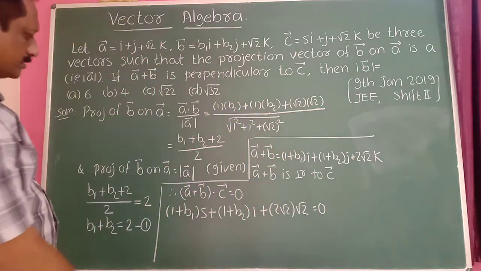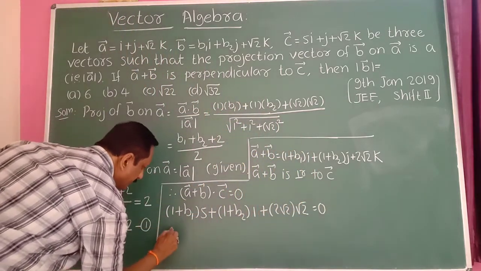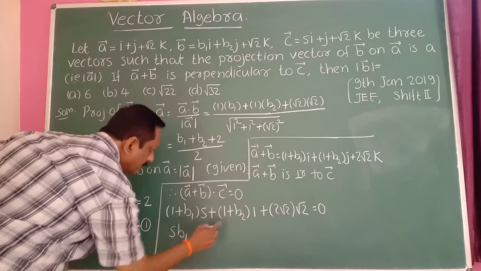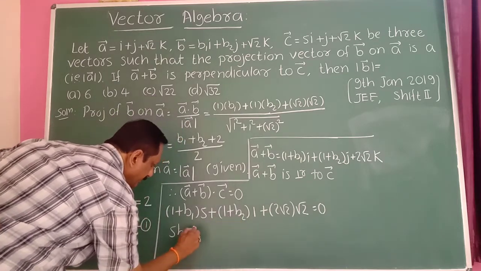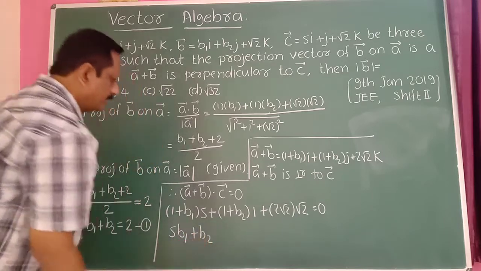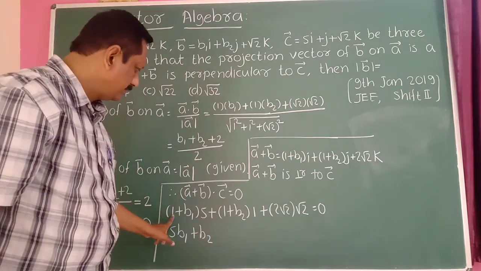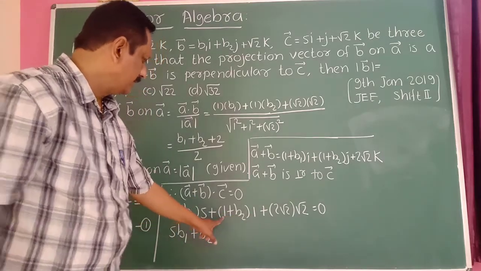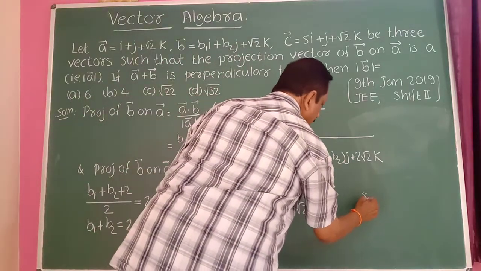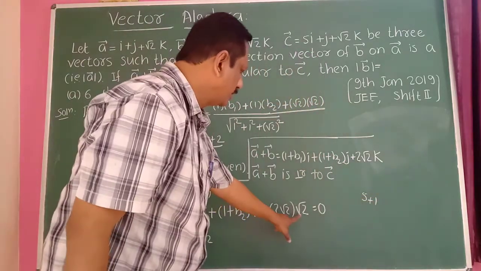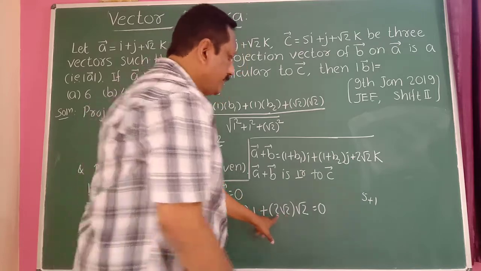Simplify now. 5 into b1 becomes 5b1, then 1 into b2 becomes b2. Then 5 ones are 5, 1 into 1 becomes 1, so 5 plus 1. And root 2 into root 2 is 2, 2 into 2 becomes 4.